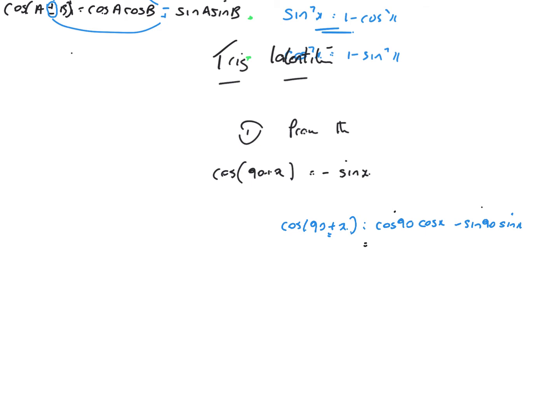So that's going to be 0 times cos x, which will just collapse down to 0. And here I've got sin 90. Well, sin 90 is equal to 1, so that's going to be minus 1 times sin x. And there we go. It's proven. I've written it as minus sin x. Question done. Let's move on to an example 2.